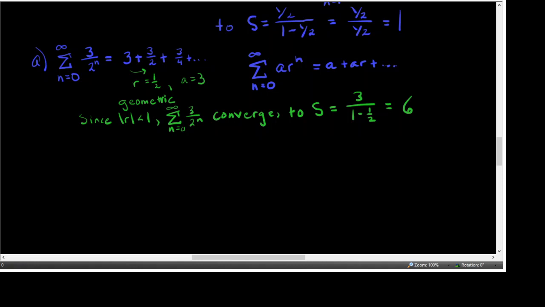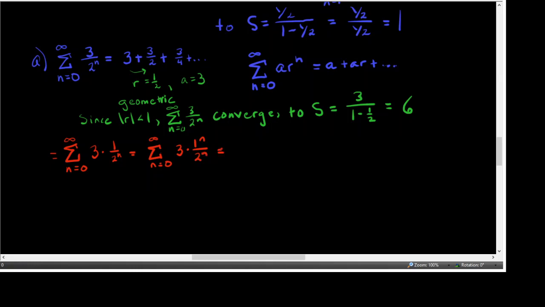Another thing I want to point out is that instead of doing the numerical process that we just went through, you can do this a little bit more algebraically. It's kind of a little bit of a trickery thing. So that original sigma can be rewritten as 3 times 1 over 2 to the nth, and since 1 to the nth is always 1, I can think of that as 3 times 1 to the nth over 2 to the nth.